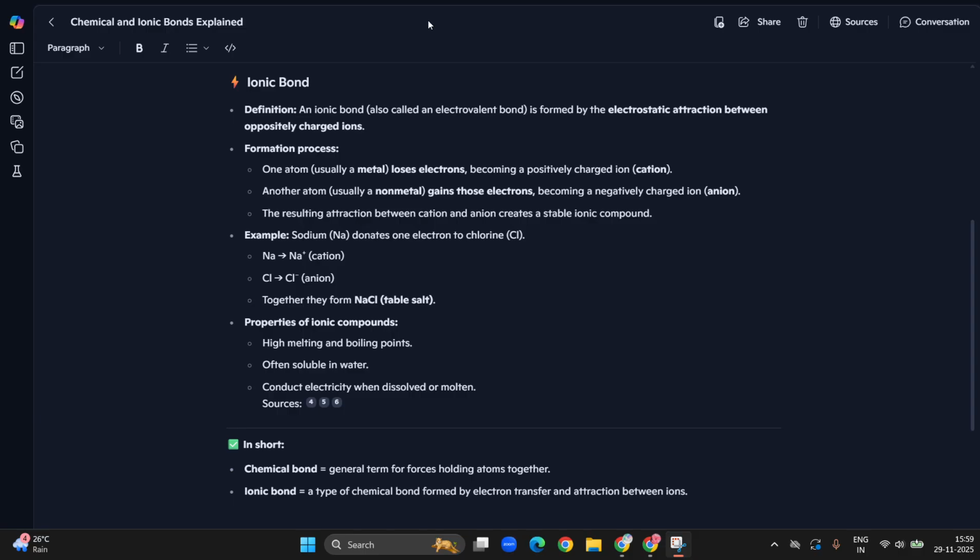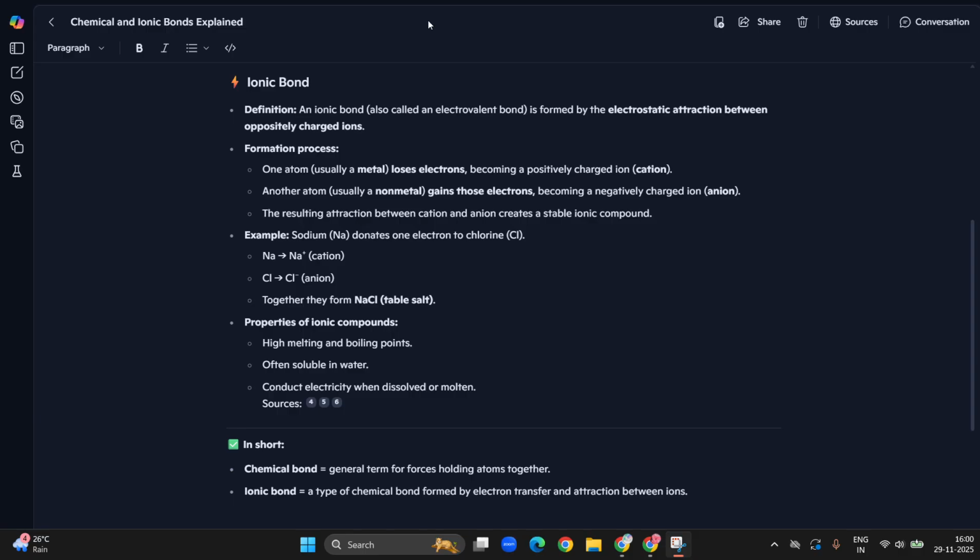Example, sodium chloride. Sodium's atomic number is 11, and if you see the shell configuration, you get 2, 8, and 1. For chlorine, its atomic number is 17, and its shell configuration is 2, 8, and 7.